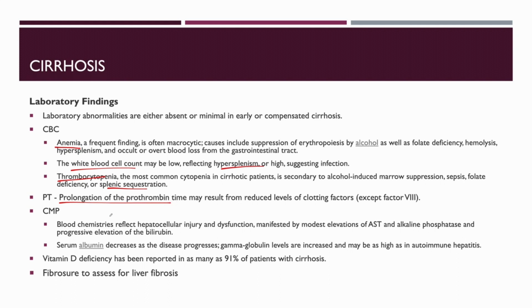Blood chemistries tend to show elevations of AST, ALT, ALK-Phos, and even bilirubin. Serum albumin is decreased, and vitamin D deficiency is also mentioned. And there is a newer test called a FibroSure assessment that helps assess for liver fibrosis that we can do.